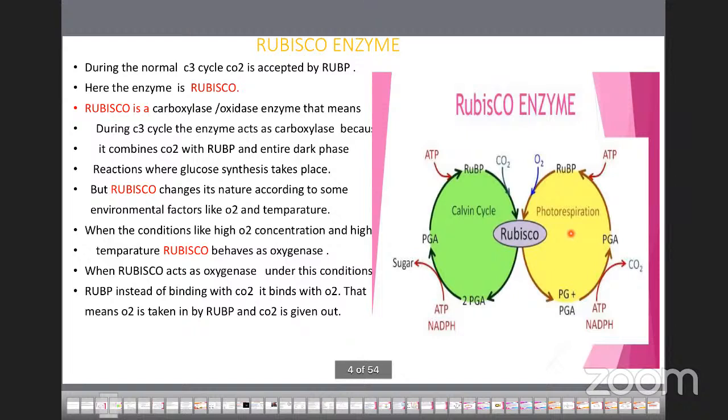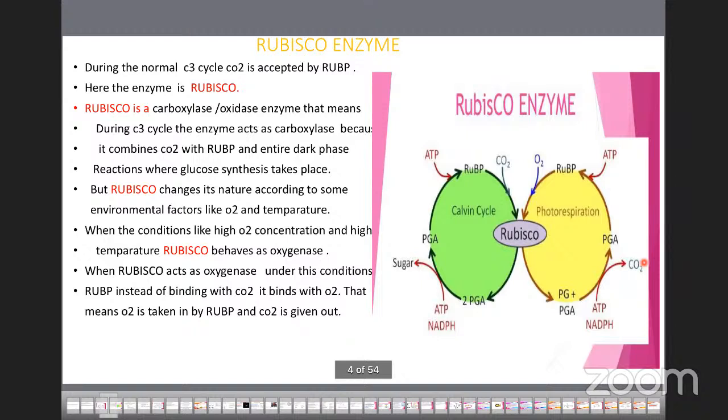Whereas in photorespiration, instead of carbon dioxide, oxygen is combining with RuBP in the presence of RuBP oxidase. And this oxidase helps in the formation of PGA, releasing a CO2 molecule, and again helps in regeneration of RuBP. So here, oxygen is taken in and CO2 is coming out.